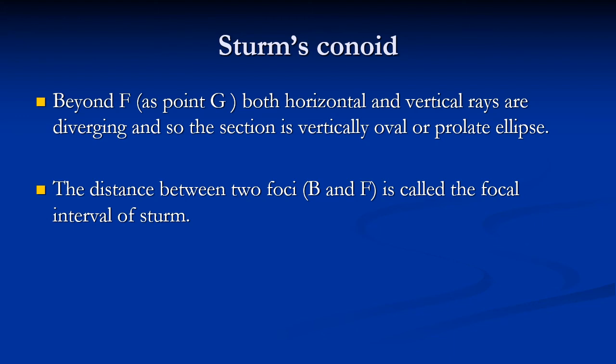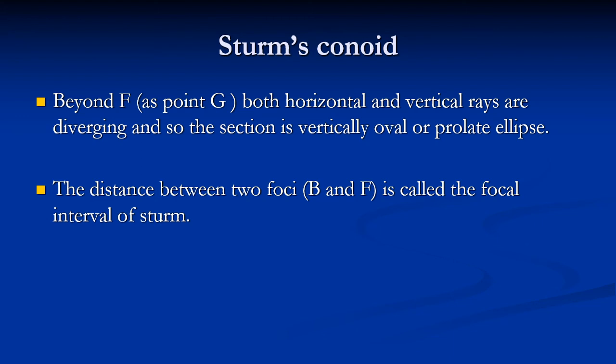According to the position of the retina, you divide the refractive error. If the light falls in front of the retina, you call it a myopic refractive error. If the rays fall behind the retina, it is called a hypermetropic error.